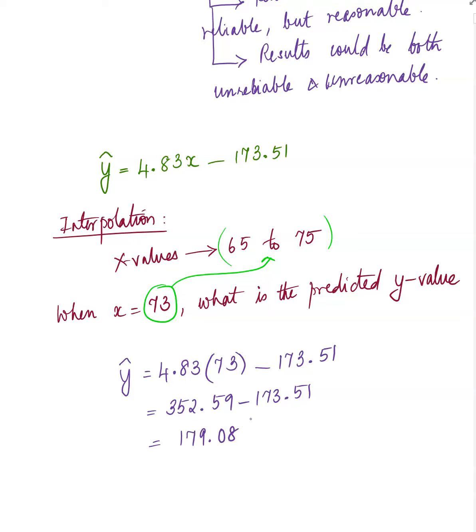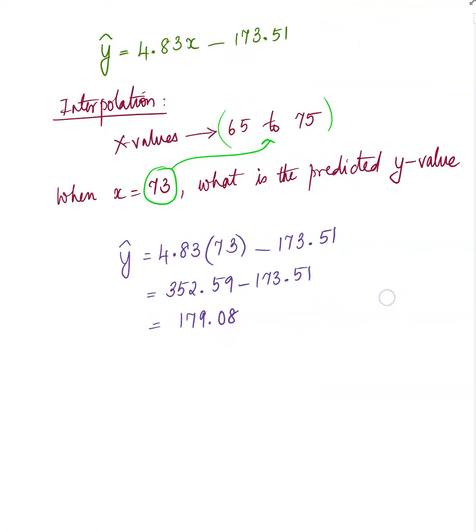So we predict that statistics students who earn a grade of 73 on the third exam will earn a grade of 179.08 on the final exam. This is on average, not exactly. They might get 180, they might get 178, but it's going to be in that neighborhood on average.